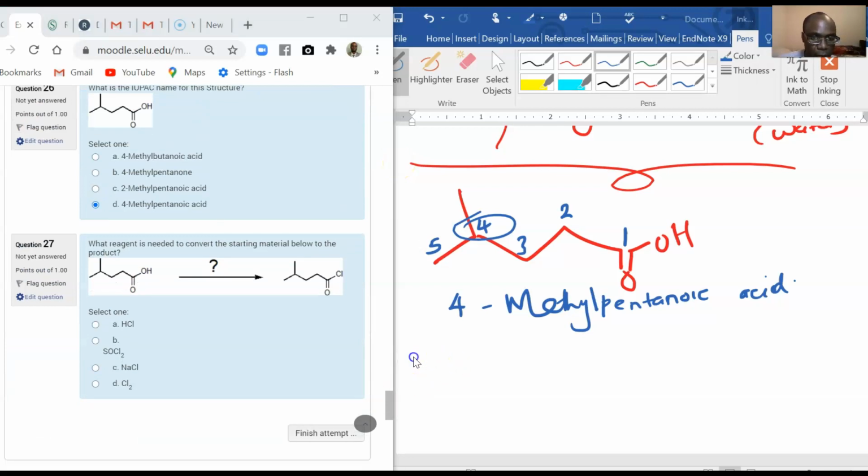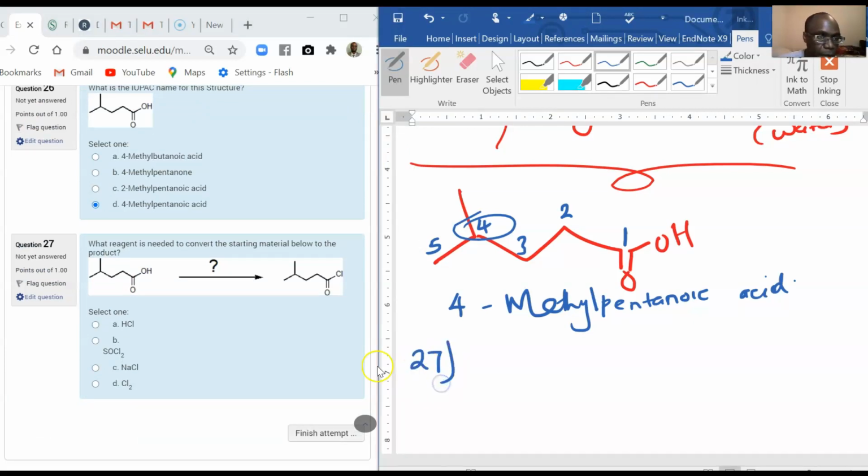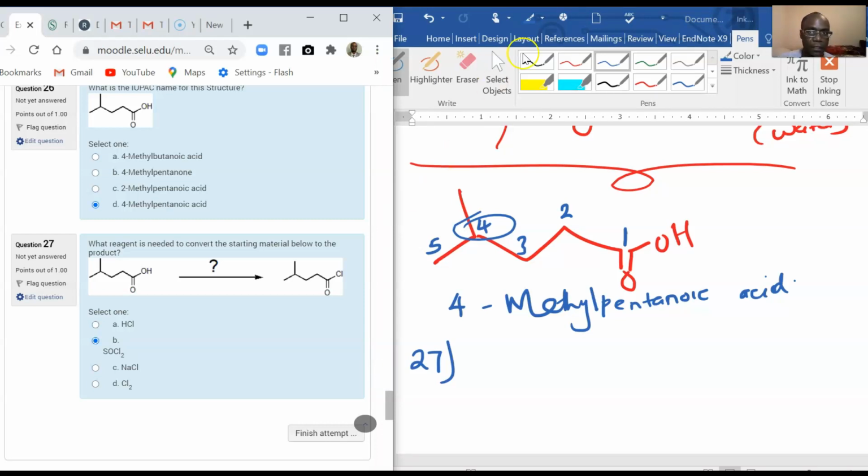And then for 27, what's the reagent needed to convert this to this? This is one of those reactions that you have to have flashcards to know that the reagent is thionyl chloride. We use thionyl chloride, SOCl2, to convert.